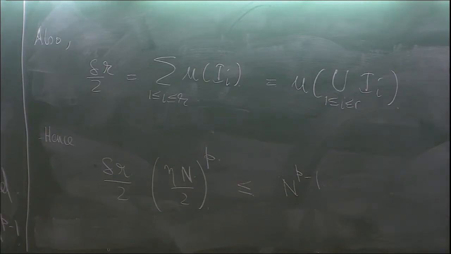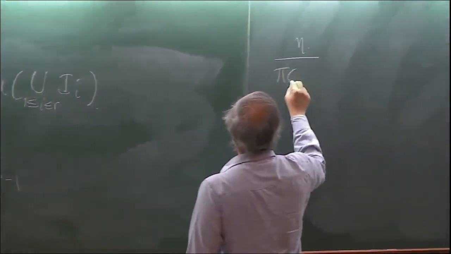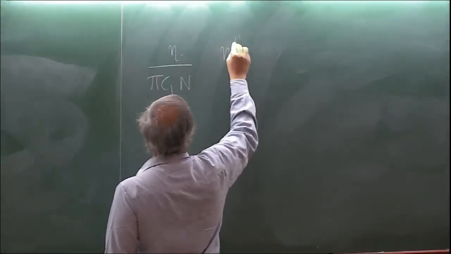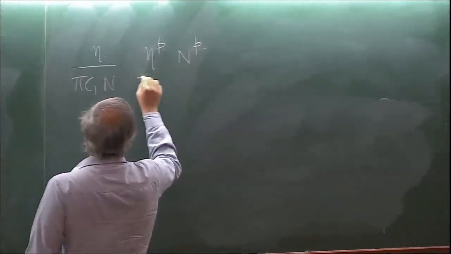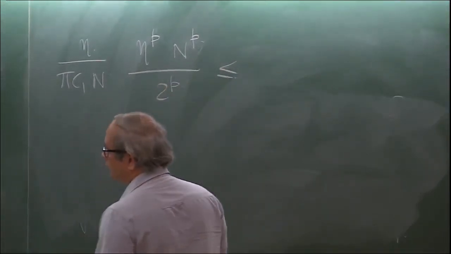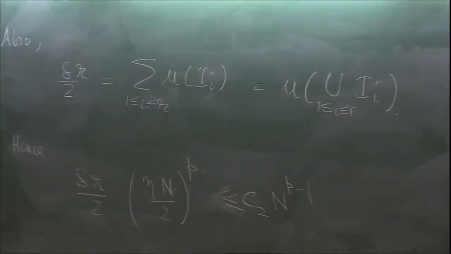Therefore, you get here delta is eta by pi C1 n, times eta to the power p times n to the power p divided by 2 to the power p is less than or equal to, okay, so it's not less than or equal to n to the p minus 1, it's less than or equal to a constant which we called C2. Just because the hypothesis involved the C2, you must put in the C2 from the hypothesis there.